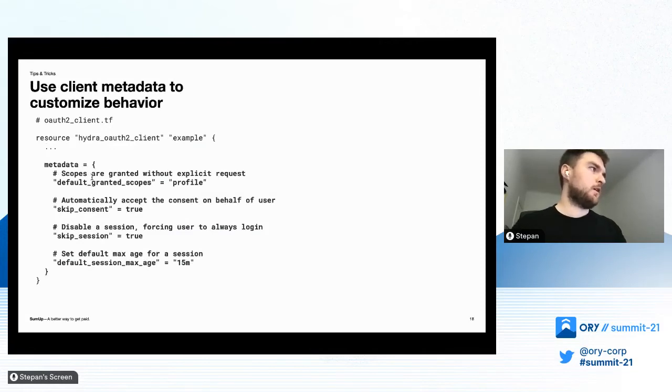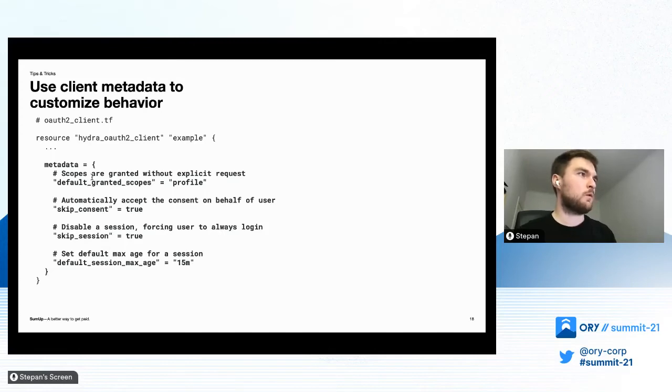I think one of the hidden features of Hydra clients is that you can actually use client metadata to customize behavior. And I think 4 things we use at SumUp are: we have a metadata key for default granted scopes. Sometimes you have a migration pattern where your client got some scopes by default in a previous system, and the client didn't need to request the scope explicitly.